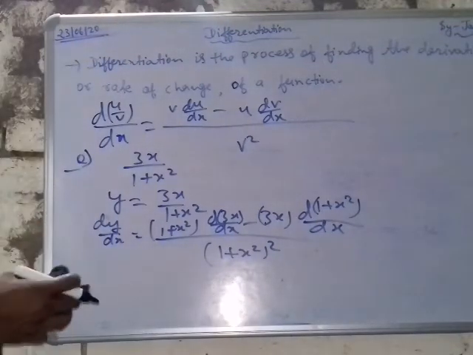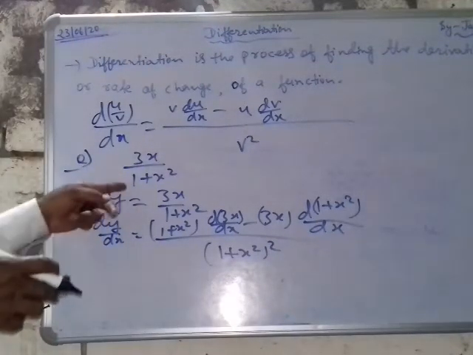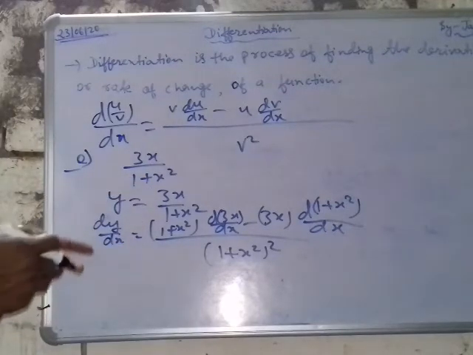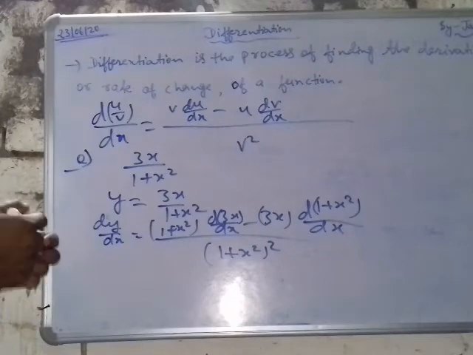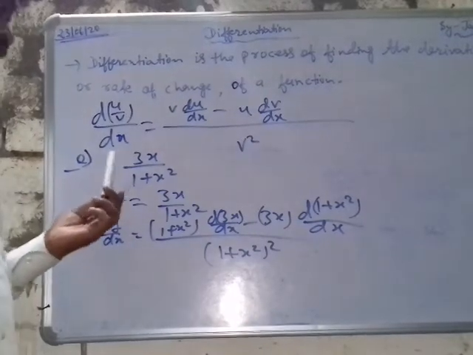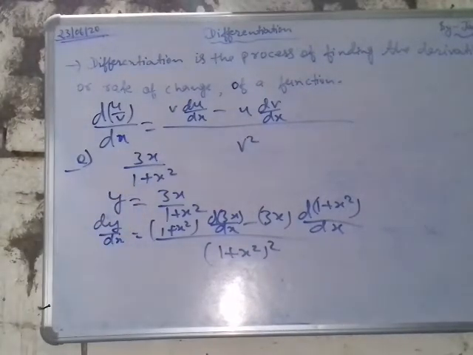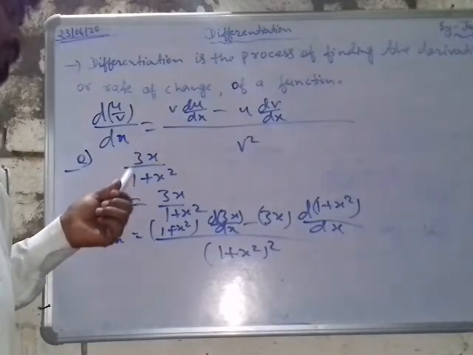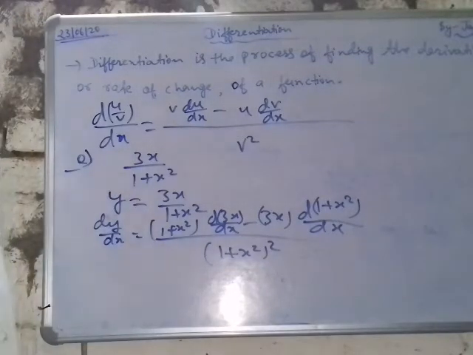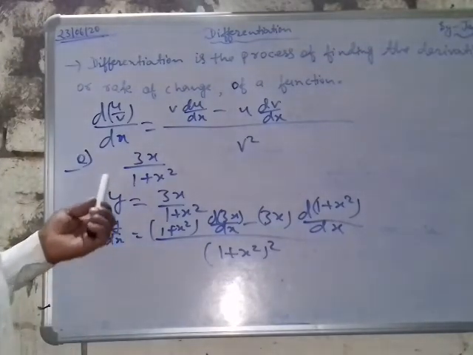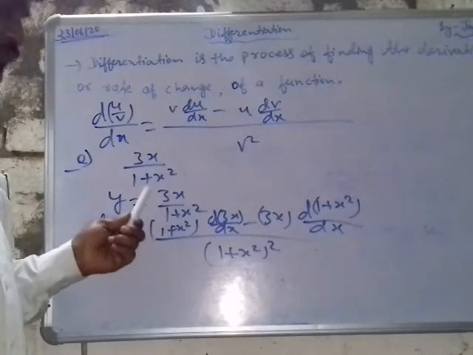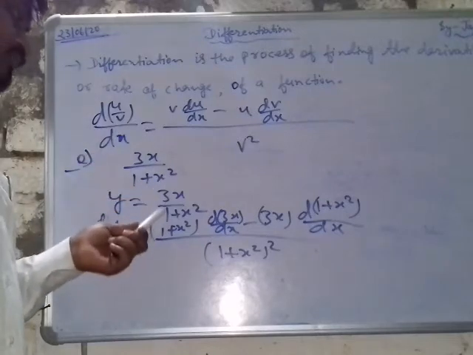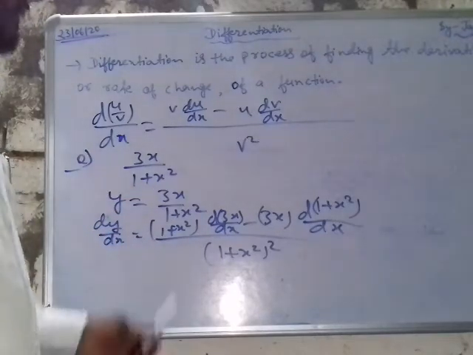If we choose 3x as u and 1 plus x square as v, then we can find dy by dx, the derivative of 3x by 1 plus x square with respect to x. We write first y is equal to 3x by 1 plus x square, where 3x is taken as u and 1 plus x square taken as v.